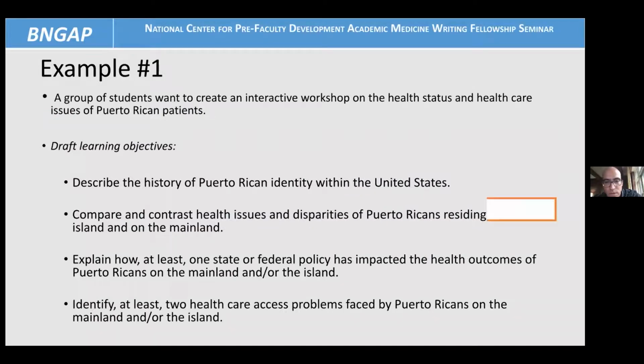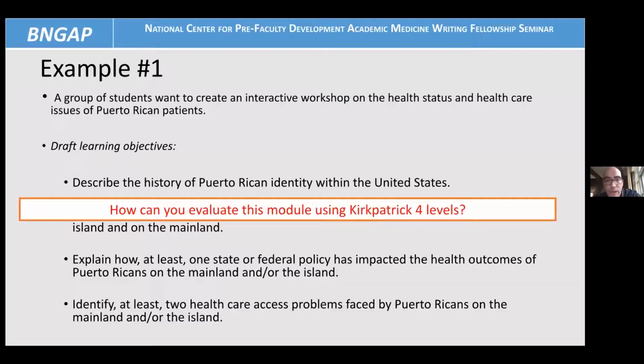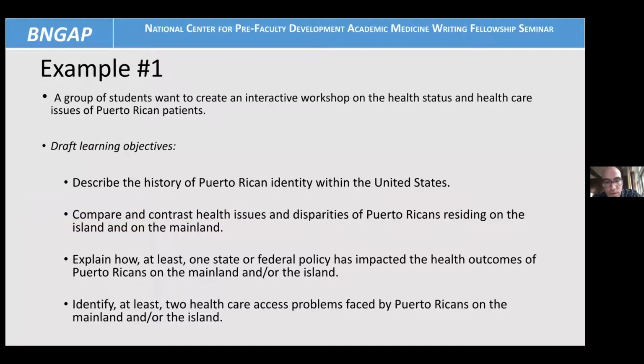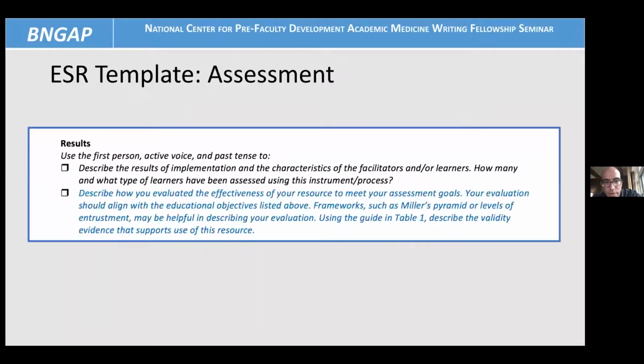What do folks think might be implemented, or some sort of example of a survey to capture this perception, this first level of Kirkpatrick's pyramid?